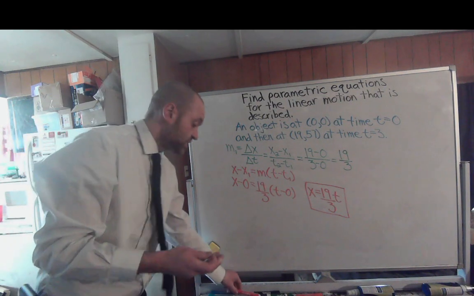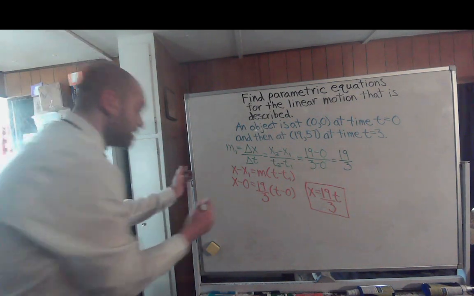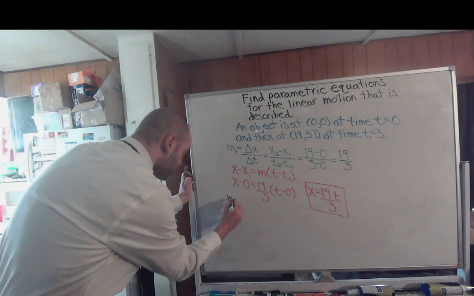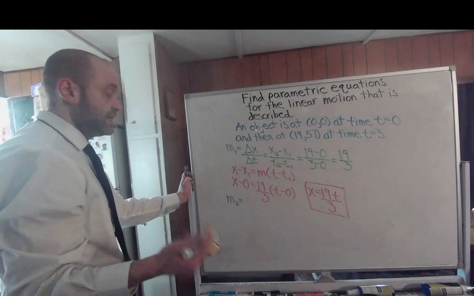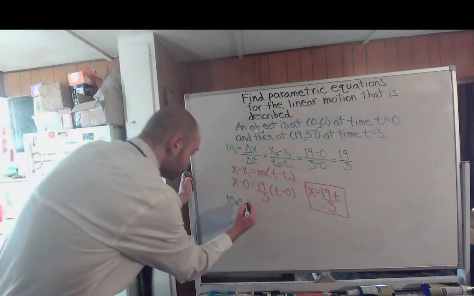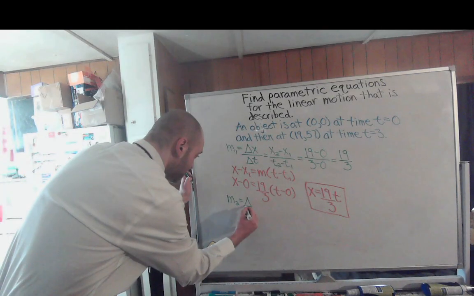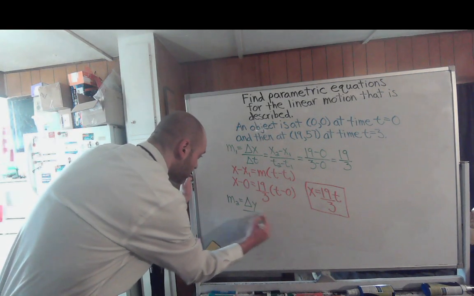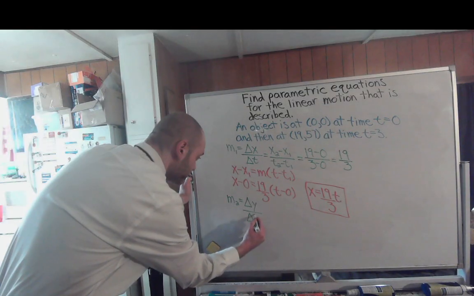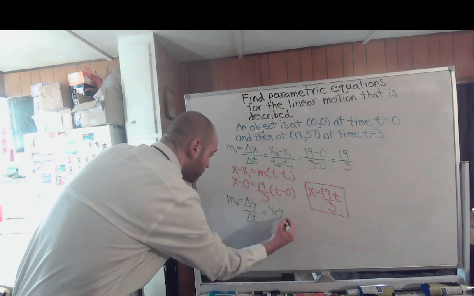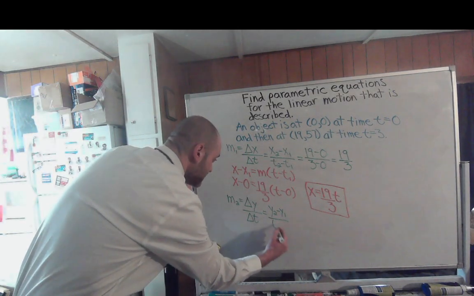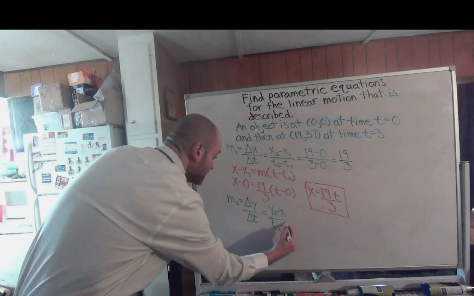Now we need to do the same for y. Let's find the next slope. We'll treat y as the dependent variable and t as the independent. This time your second slope would be delta y over delta t, so y2 minus y1 all over t2 minus t1.